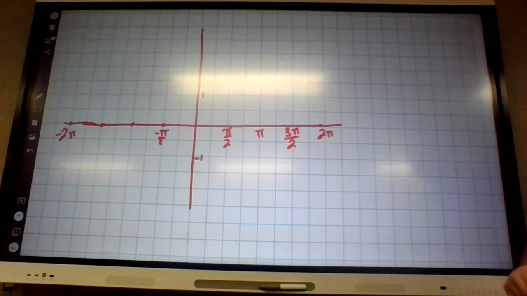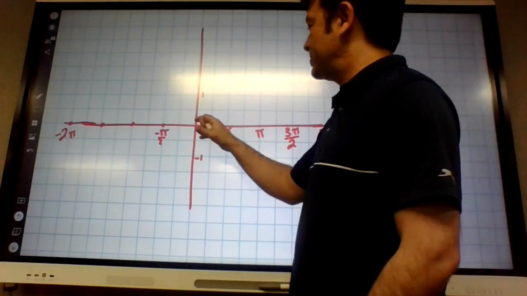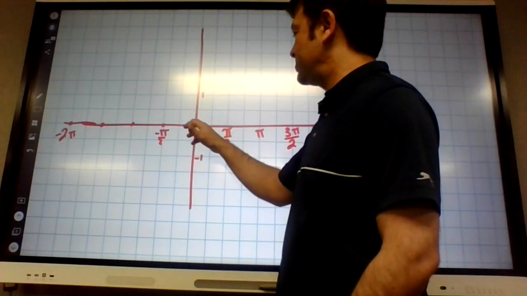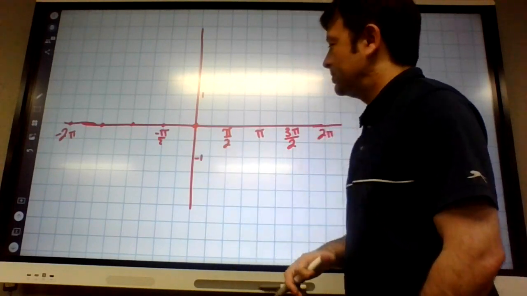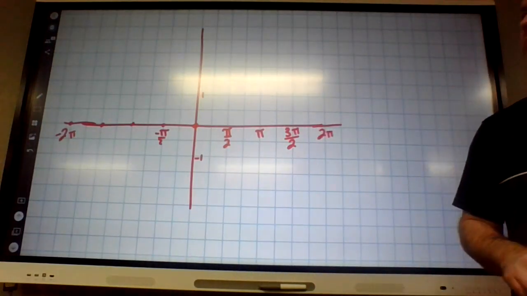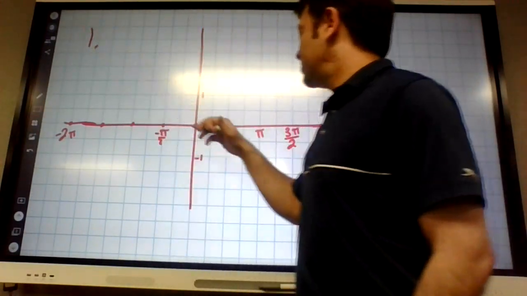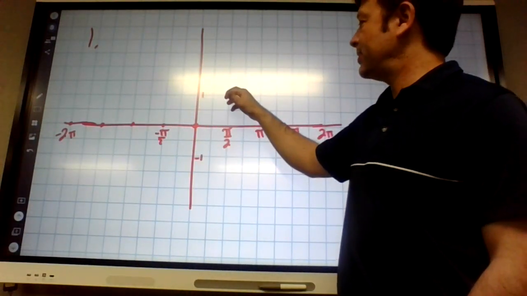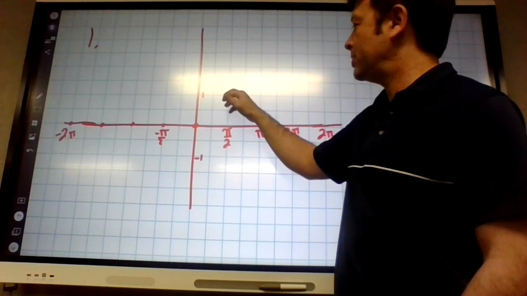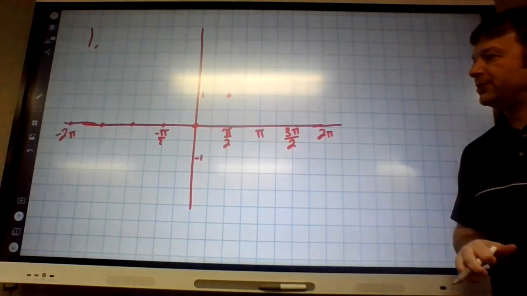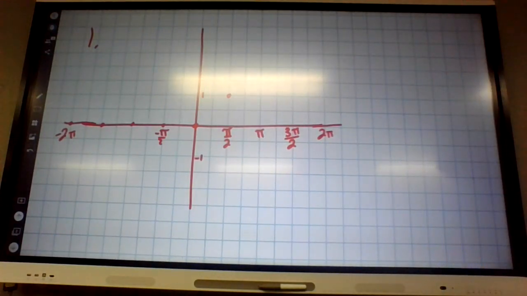Okay, sine of 0 degrees is 0. So sine starts at 0, 0. This is number 1. Sine of 90 or sine of pi over 2 is up to 1. So it's at the top right there.